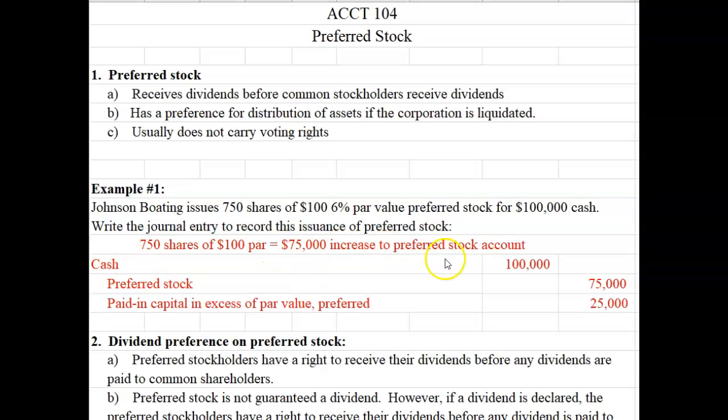So debit cash for the $100,000 of cash we received, credit preferred stock for $75,000, and credit paid in capital in excess of par, preferred stock, for the $25,000 difference.